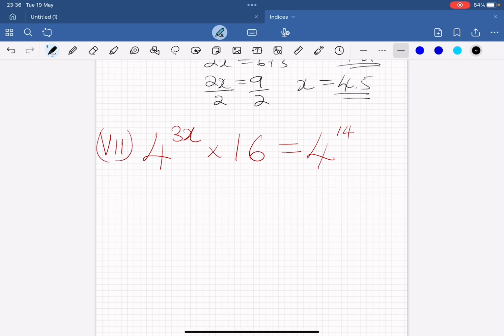Now, the next one says 4 to the power 3x times 16 is equal to 4 to the power 14. Obviously, the first thing I have to do is to ensure that there is a common base. 16 is more or less like 4 squared.